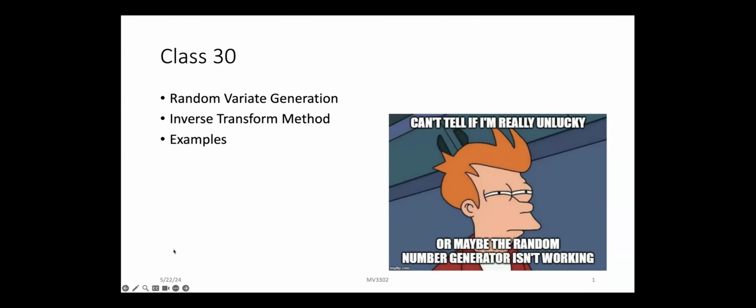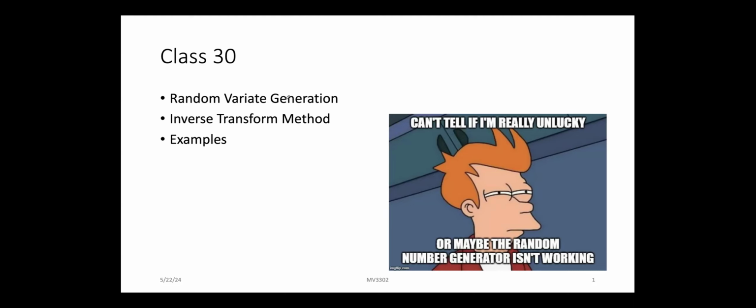So today, I'm going to introduce really the workhorse way to do that. It's called the inverse transform method. It involves just kind of reviewing a little bit of some probability.